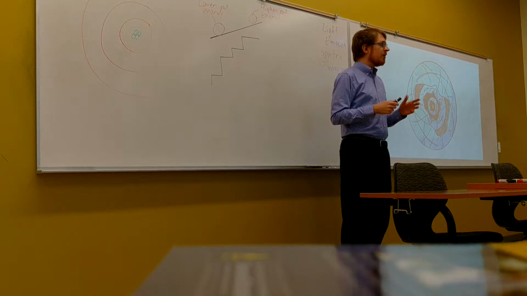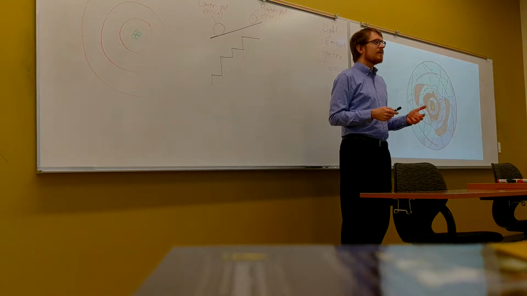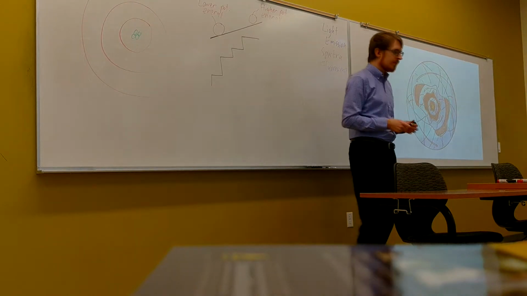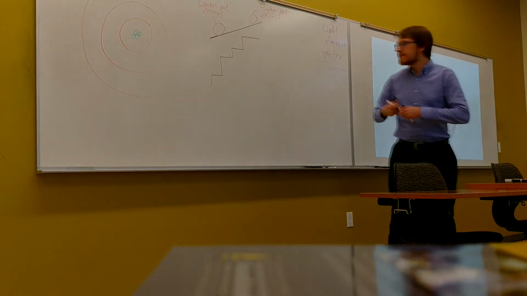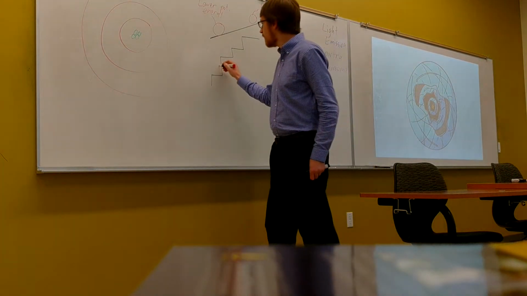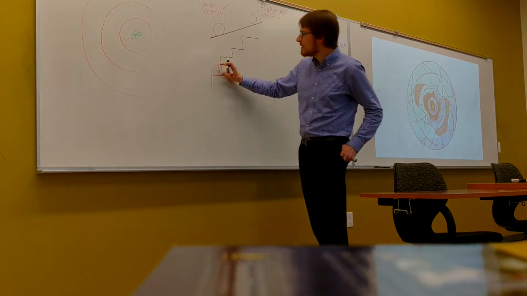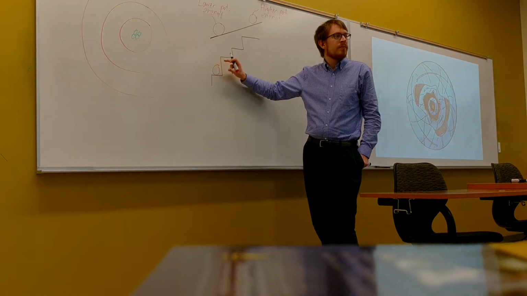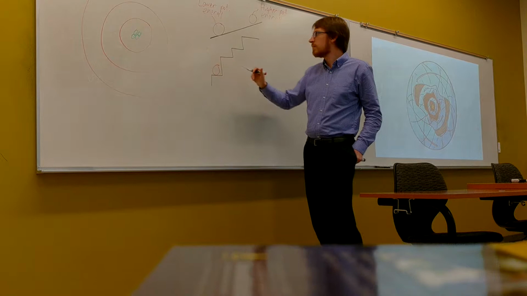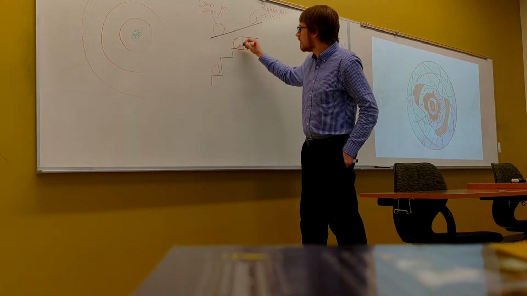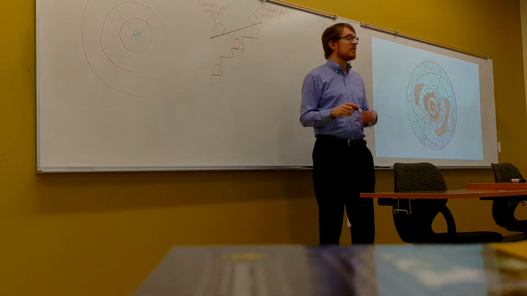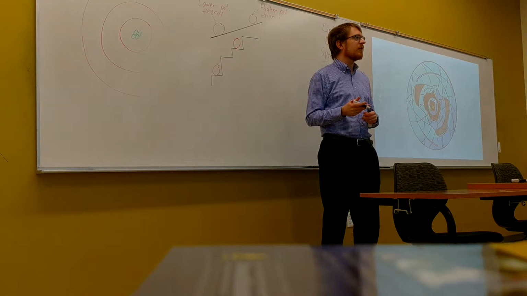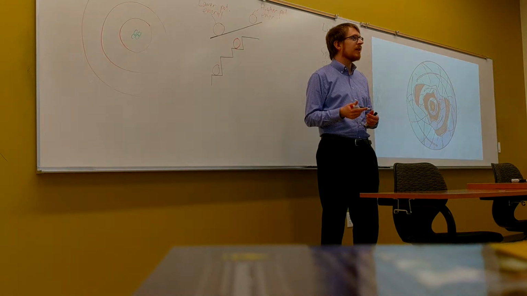But the bowling ball can only be on one of these stairs. It can't be anywhere in between. So if the bowling ball is down here, it has a specific, fairly low potential energy. The bowling ball up here has a different, but also specific, higher potential energy. It can't take any value in between.